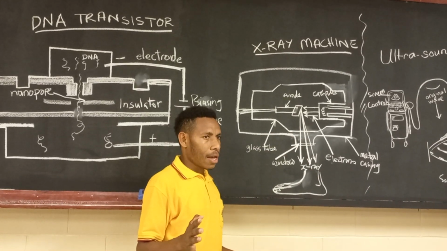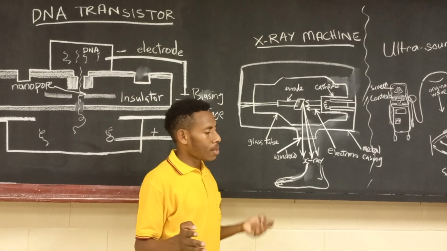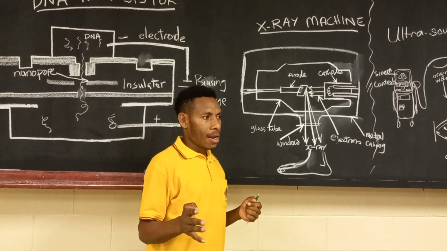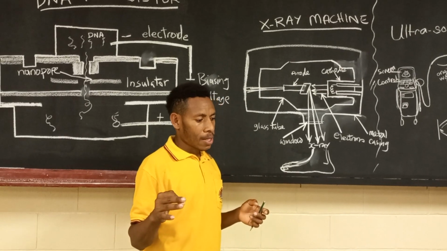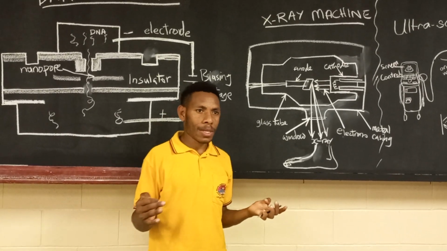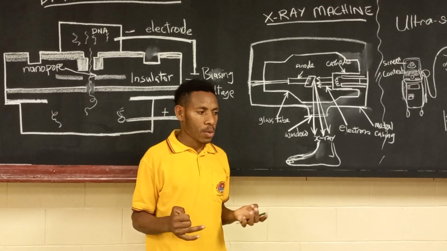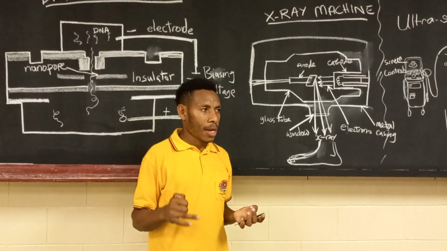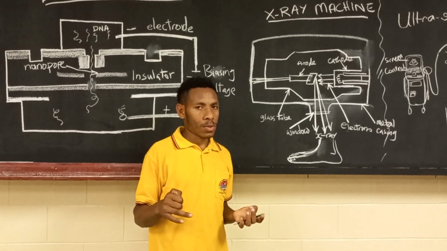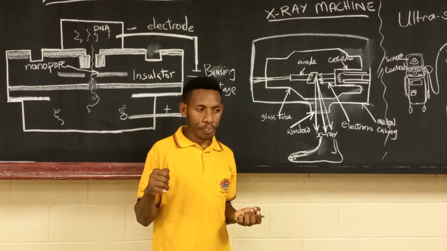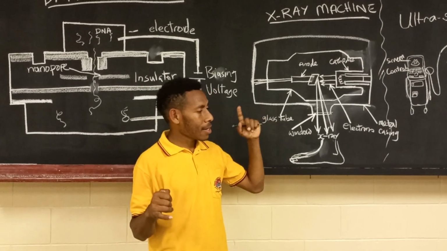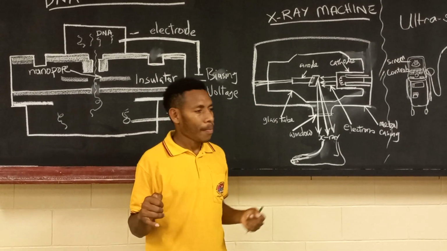it creates a black and white image on the monitor, and whether the image appears black or white depends on the type of tissue and the way these tissues absorb the X-ray beam.